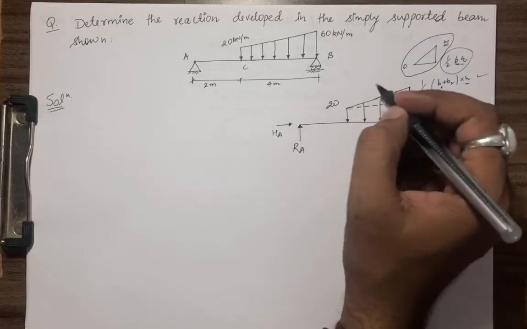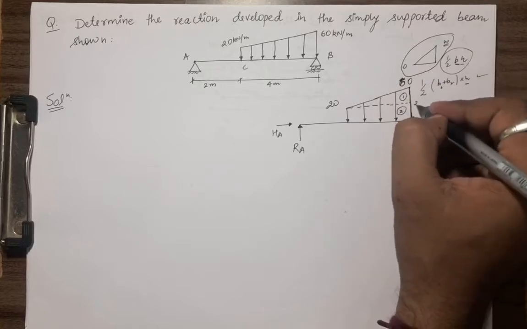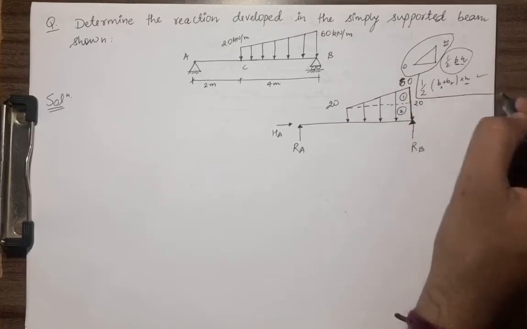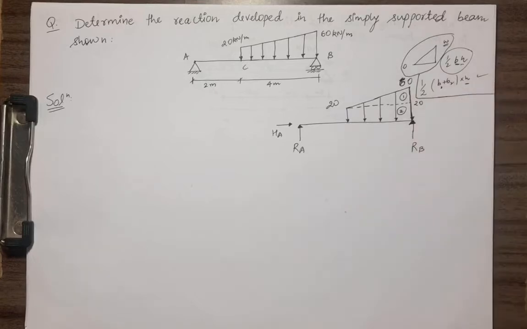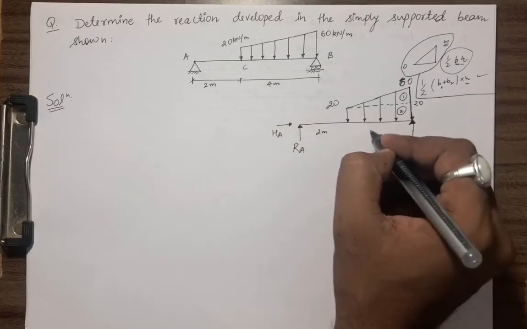So here it is 20, here it is 60, so here also it will be 20. In this question the only problem is how to distribute this loading.